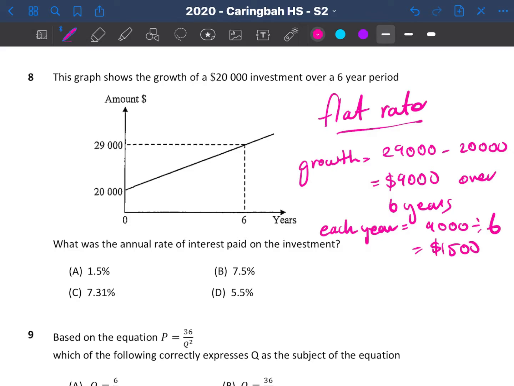Yep, $1,500. Putting this amount over what it was originally to find out what the rate is, we get 1,500 over 20,000, times it by 100, and you get 7.5%.